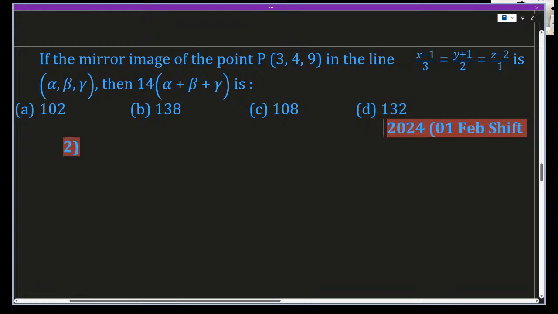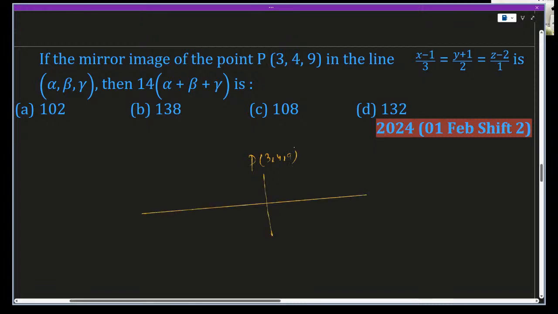Okay? Same way. So you take the point, this is equal to lambda c. Why? Because to find the mirror image P dashed, I need to find the foot of perpendicular. Then this is the midpoint of these two.